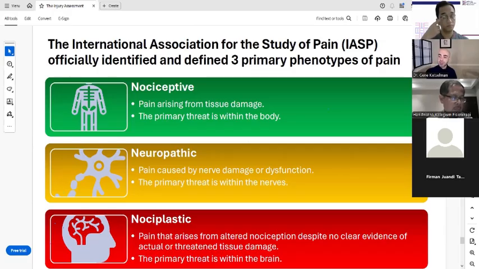For nociceptive pain, you treat tissues, so you reduce inflammation and you encourage tissue healing through the inflammatory, proliferation, remodeling phases. For neuropathic pain, you decompress the nerves, you desensitize the nerves, and you're improving nerve mobility. And then for nociplastic pain, you are encouraging education.